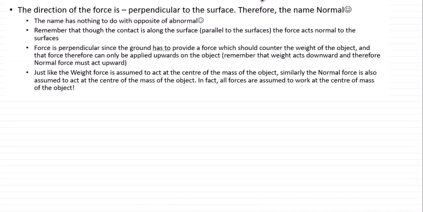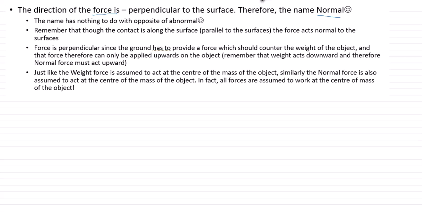Now, something about the direction of the normal force. We know that it is perpendicular to the surface, and since it is perpendicular, we call it normal. But to make it on a lighter note, there is nothing like abnormal force and normal force. The name has nothing to do with the opposite of abnormal.